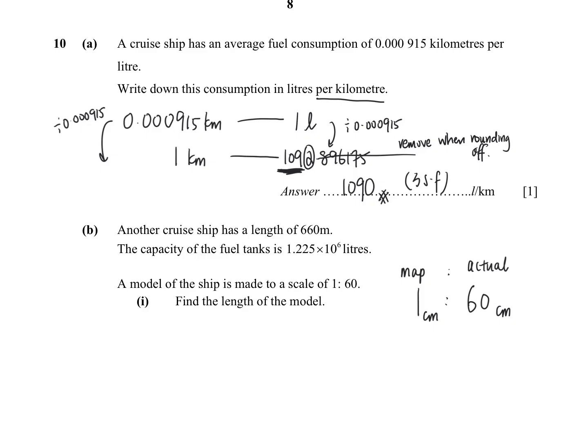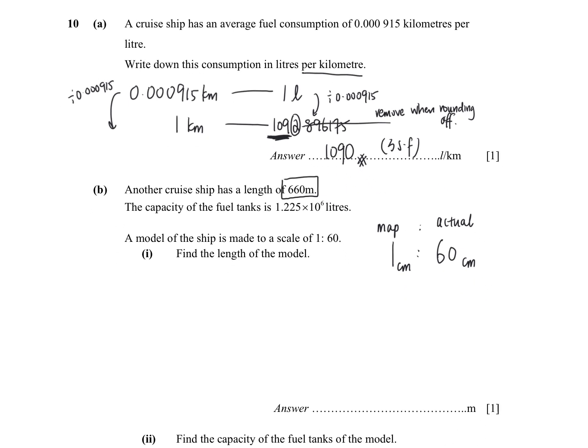So now I know my actual one is 660 meters. They say, can you find the length of the model? But the unit here is meters, so we want to change to meters first. What is 60 cm in meters? 0.6 meter because you divide by 100.